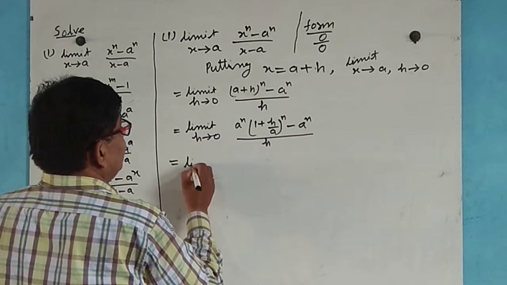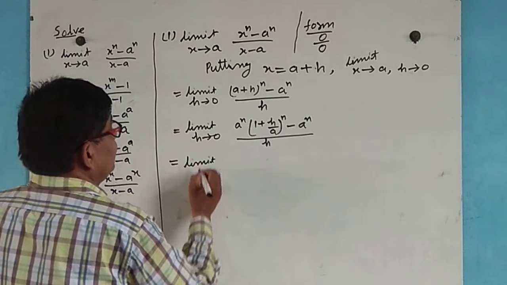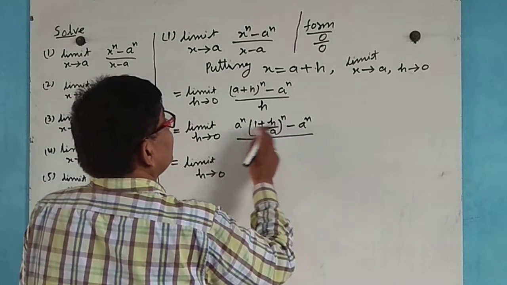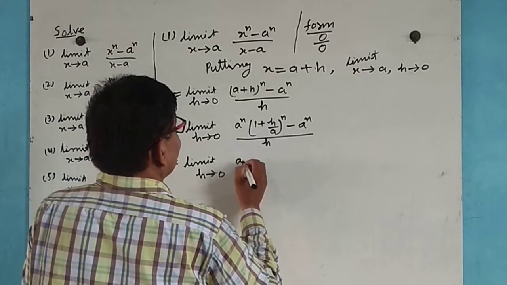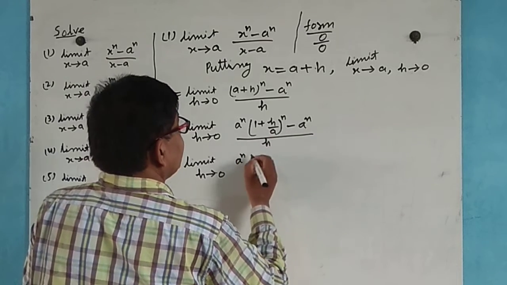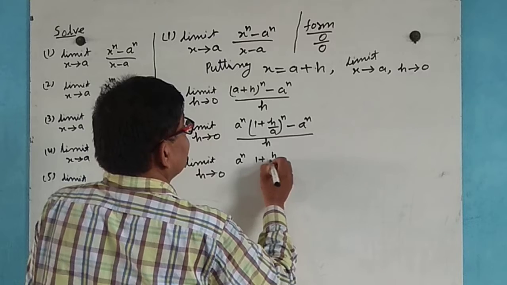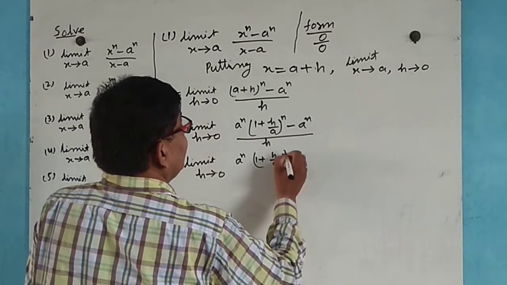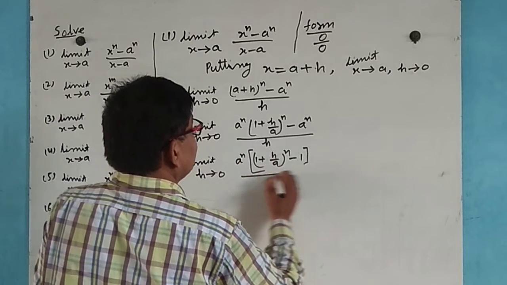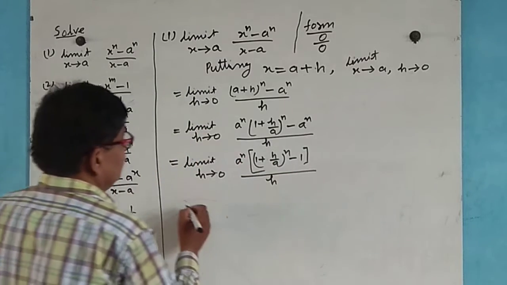Now limit h tends to 0, we take this a to the power n, and this is (1 plus h by a) to the power n minus 1, divided by h.